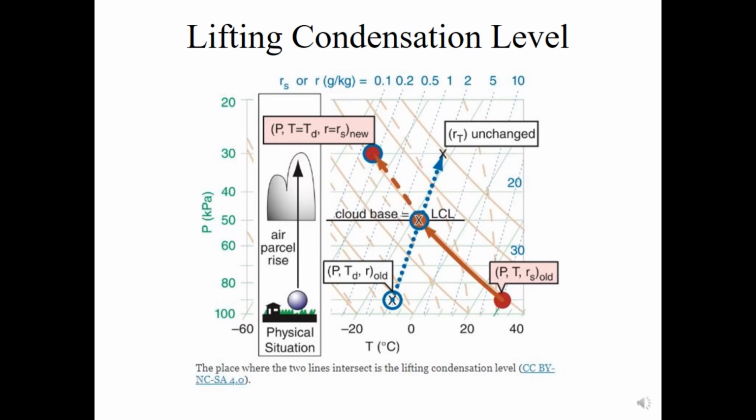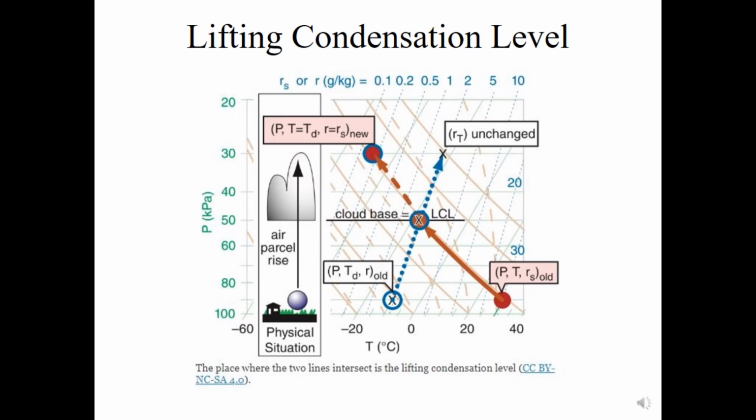I'd also like to introduce the concept of the lifting condensation level. So here we essentially have an air parcel that is going to be forced upward, and as we force that air parcel upwards, the pressure will be reduced, which will cause the volume to expand, which will cause the temperature to decrease.